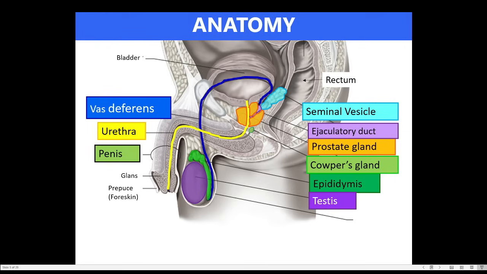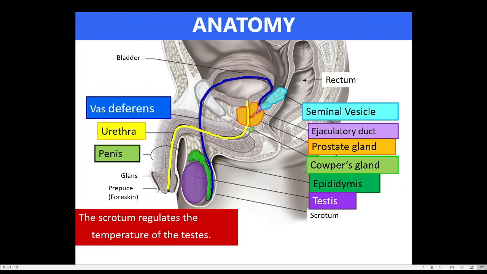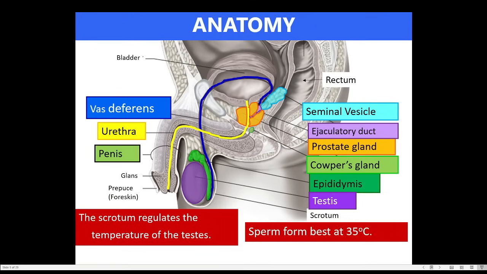The testis, if it's singular, is called testis. If it is plural, we call it testes. And the skin that protects the testis is called the scrotum. The scrotum regulates the temperature of the testes. We will have more of that in the next slide. And here it is said that sperms have an optimal temperature, and that temperature would be at 35 degrees Celsius.